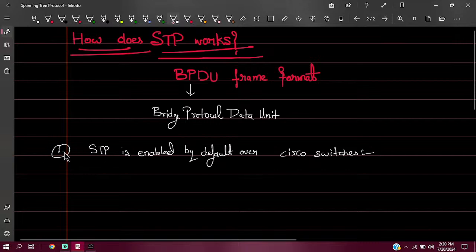Due to that reason, just for the loop avoidance, ताकि लूप ना बने ऑटोमेटिकली, स्पैनिंग ट्री खुद ही स्विचेस के द्वारा हर 2 सेकेंड में BPDU फ्रेम्स शेयर करता है.